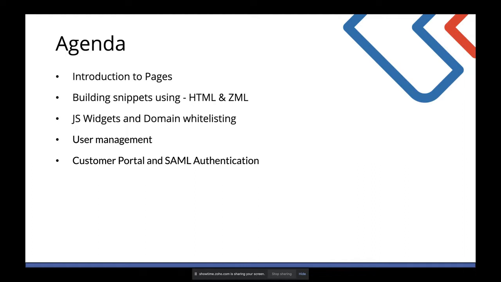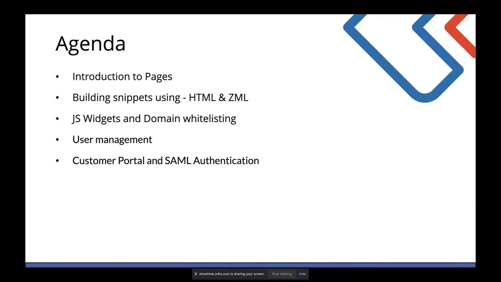And then comes the JS widget and domain whitelisting. So the JS widget is like a next step in building custom widgets, where you can apply your own HTML, CSS. In the HTML snippet, we have the limitation that it supports only inline CSS, while in the JS widget, we have the option to build our own external CSS files as well.